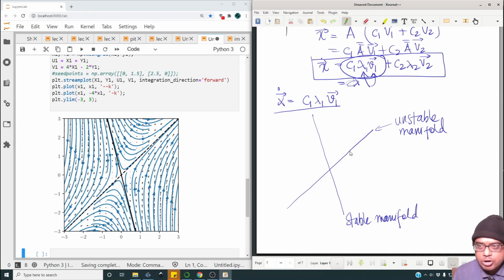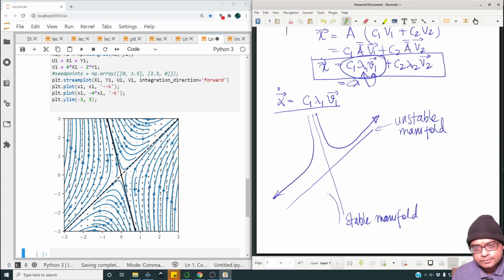And for long times, as time goes to infinity, points in the phase plane will be attracted towards the unstable manifold. The conclusions that we had arrived at numerically with just intuition, we could verify here as well.